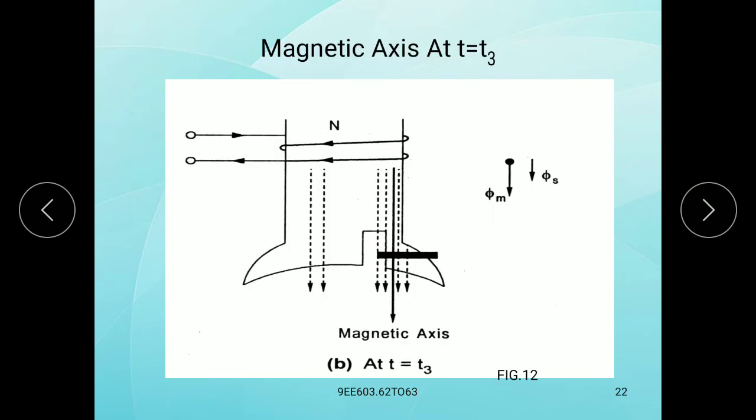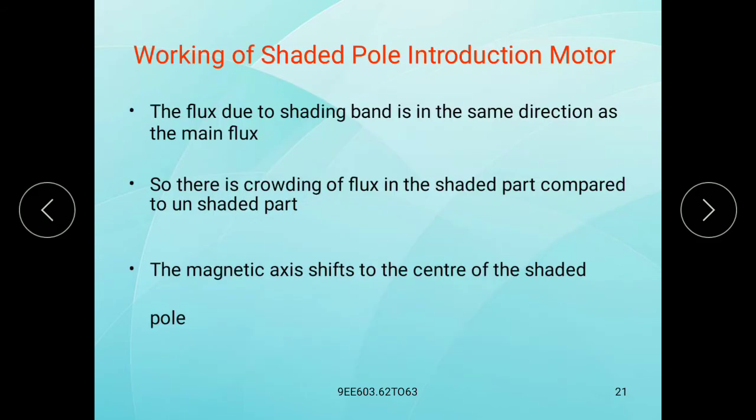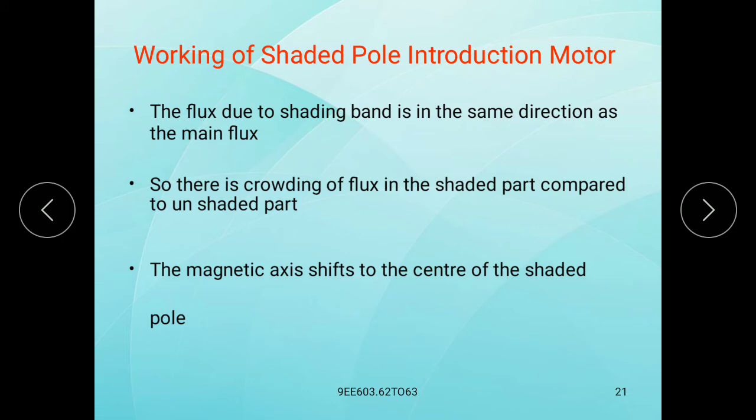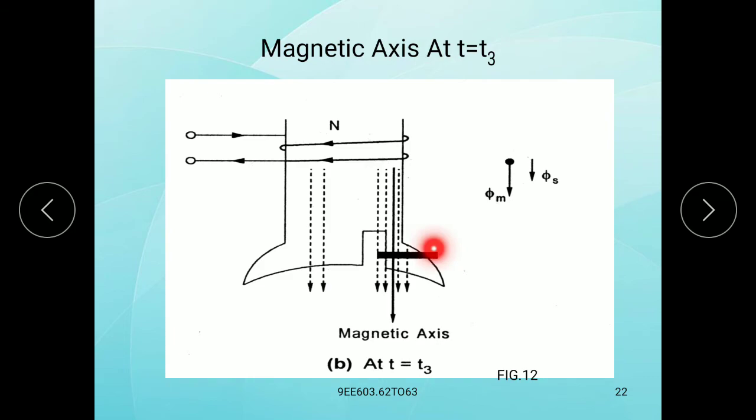So, here from this point to this point and this point to this point, the magnetic axis shifts to the center of the shaded pole. So this is the magnetic axis. Here the flux is crowded, so there is a crowding of flux in the shaded part.